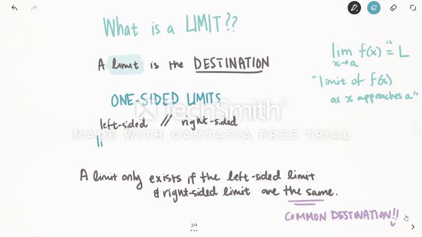So limit of f of x as x approaches a. But if we're coming from just the left side, we're going to put a little minus there to show it's from the left of a. So I'm sure you can guess that the right-sided limit would be as x approaches a with a little plus.